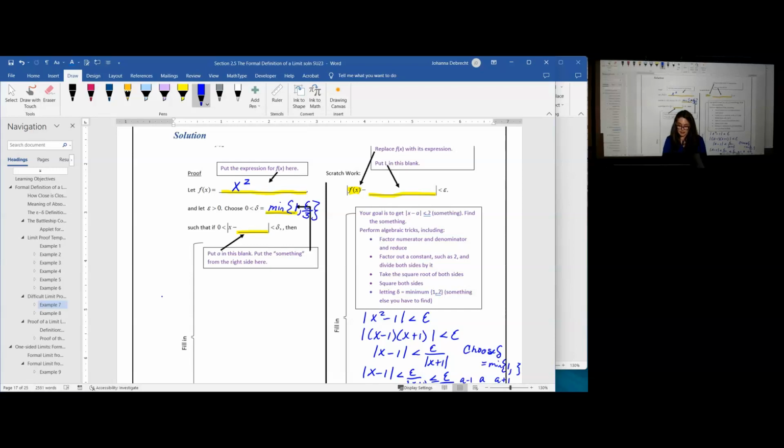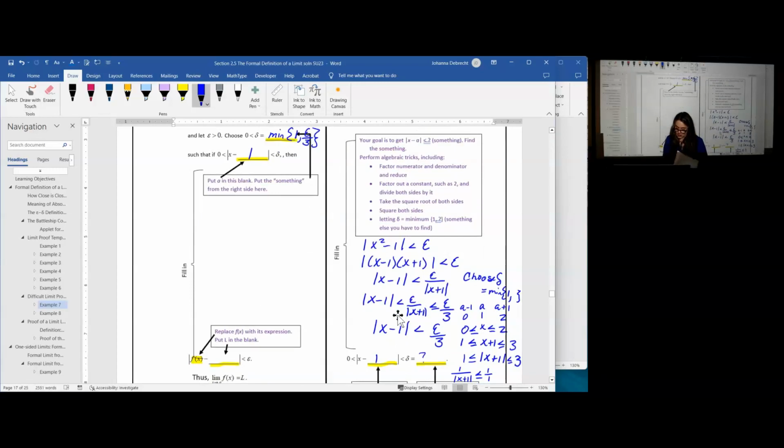And we write sets in curly brackets, such that if 0 is less than the magnitude of x minus the a value, which was 1, less than delta, then, and we start again with the bottom statement on our scratchwork side, which is x minus 1 less than delta, which is less than or equal to epsilon over 3. Remember that we chose the smaller, so it's the smaller of the two.